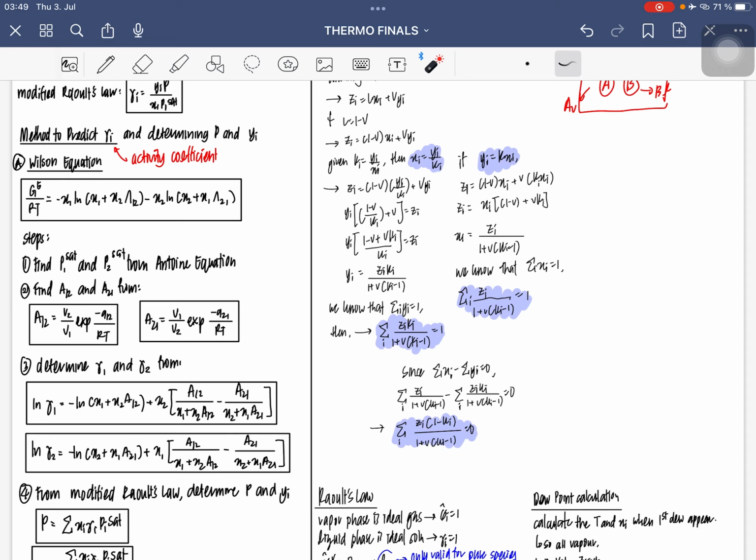Find p1 sat and p2 sat, the vapor pressures, which is ln p sat equals a plus b over t plus c. Correct me if I'm wrong, but this is the Antoine equation, if my memory serves me right. And then from that, you can find your a12 and a21.